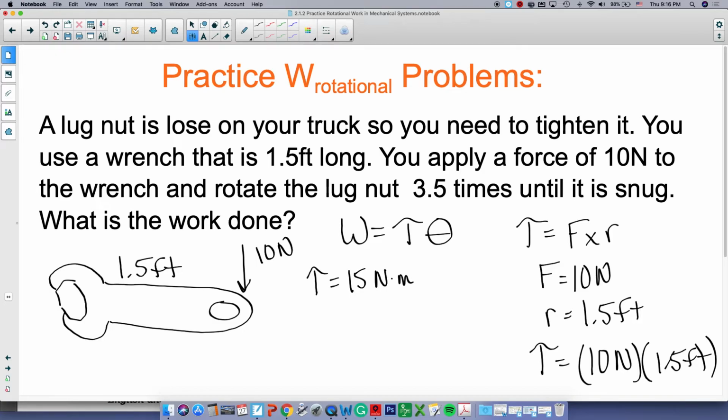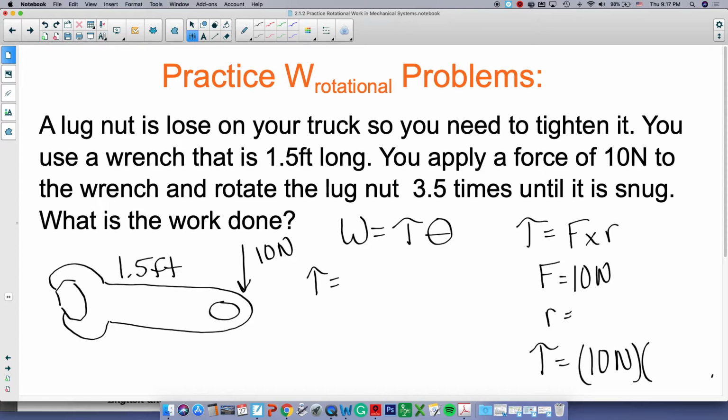And actually, I just realized that I did something wrong here, because if we're using newtons, we have to convert to meters. So we have to change the feet to meters. It's not 15. So catch your errors, just like I tried to do there.